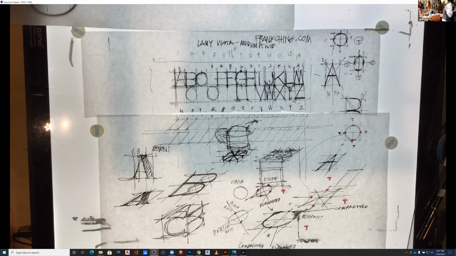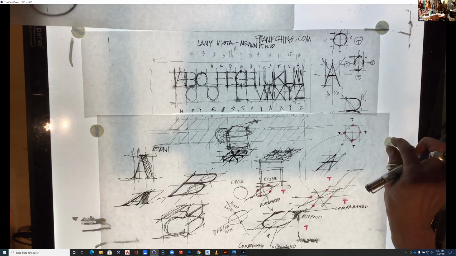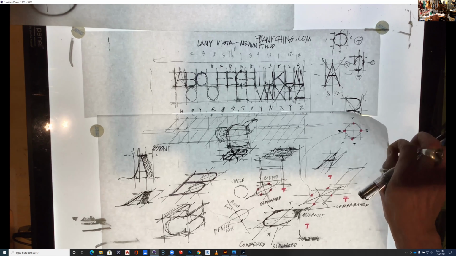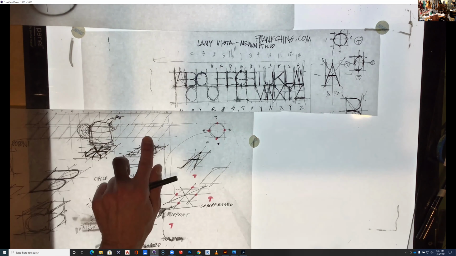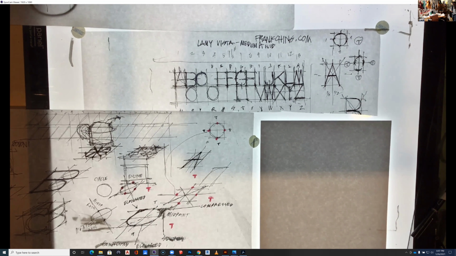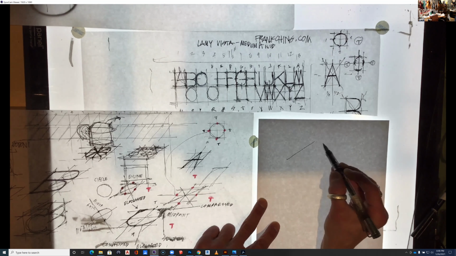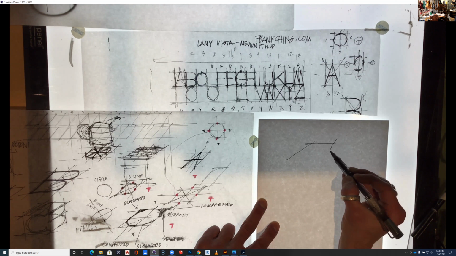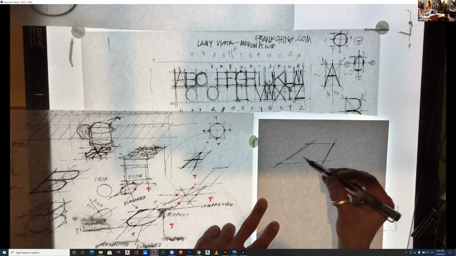This is not the perspective projection. It would be something like that.